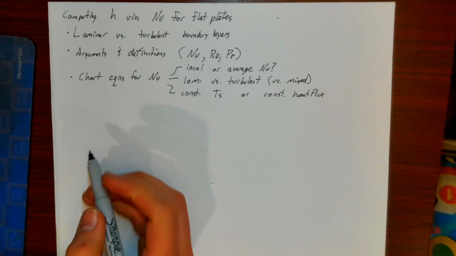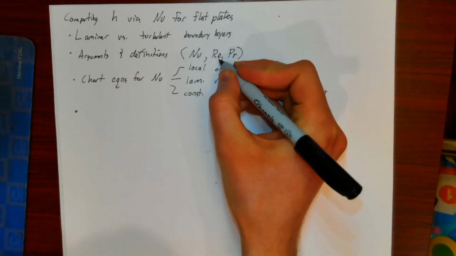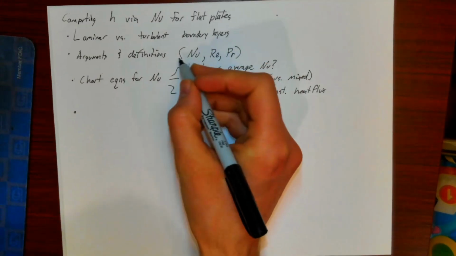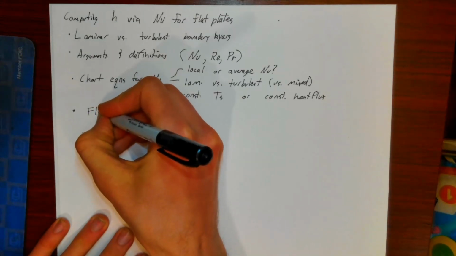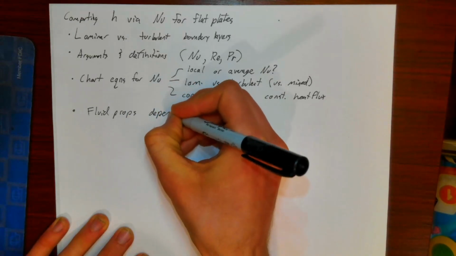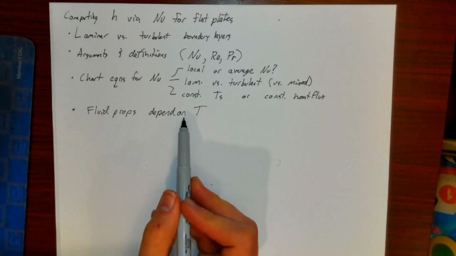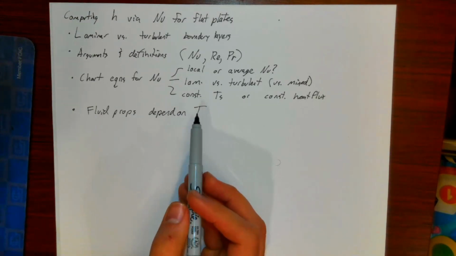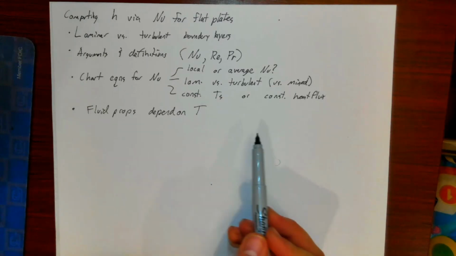It turns out that the fluid properties that go into the calculation of Nusselt number, Reynolds number, and Prandtl number often depend on temperature. But all of that fluid might be at slightly different temperatures, right?